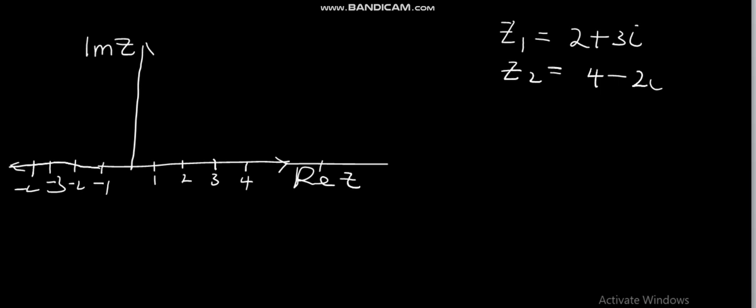Now we have our z1, it's 2 plus 3i. Our z1 is 2 plus 3i, so this is 2 and 3i, so that is our z1.